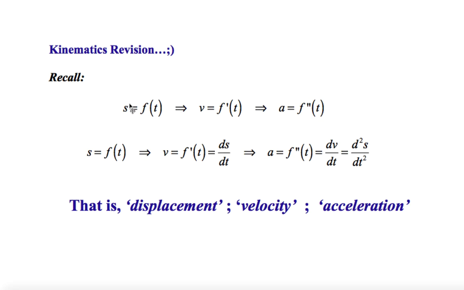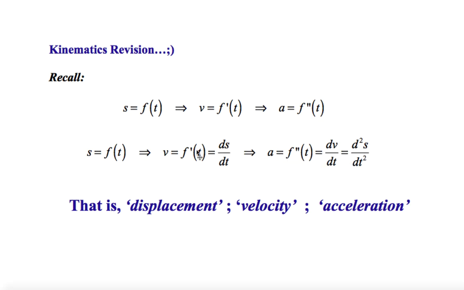Namely, if the displacement function, which is often a function of time, provides that the velocity is its rate of change or its derivative, that's the ds/dt, and then the rate of change of the rate of change is better known as the acceleration, that's our second derivative, d²s/dt², the representational form of the acceleration.